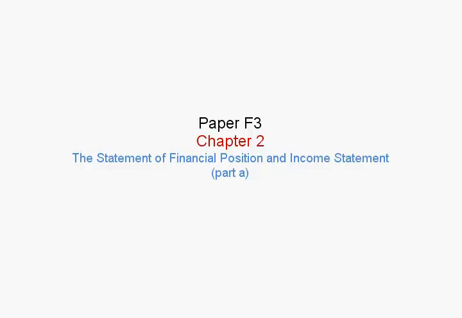What we're going to do first is look at a series of transactions of a business and look at the effect of each of these transactions on the business. As we go through, as you'll see, we'll effectively produce a statement of financial position and an income statement.